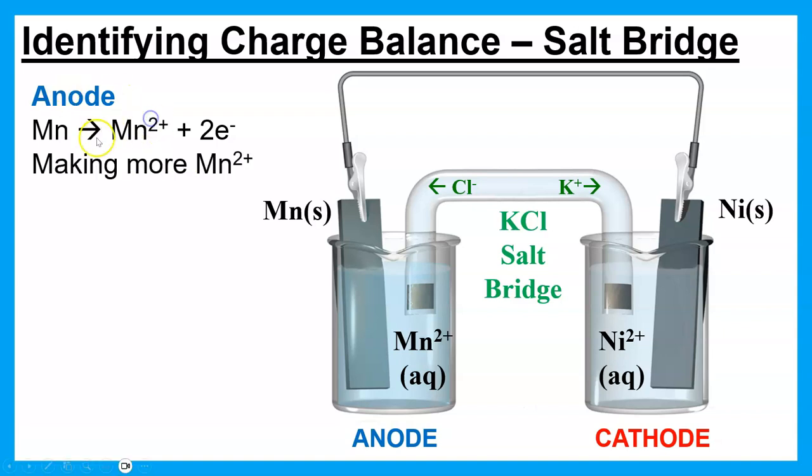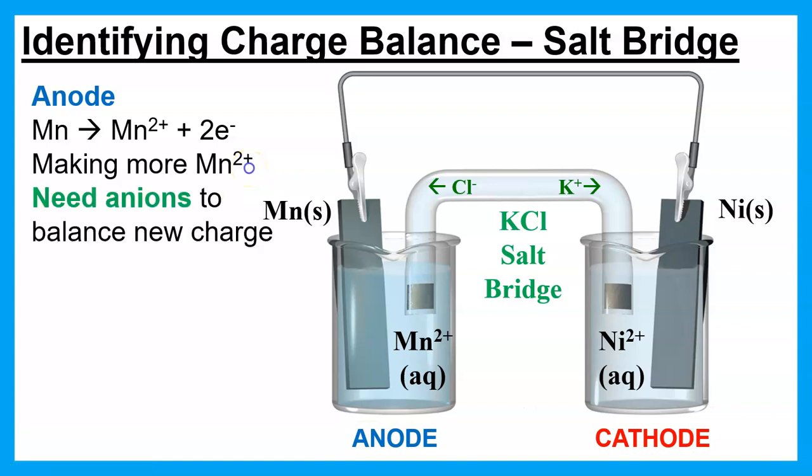In that process, you start making more manganese ions, don't you? You're making a bunch of cations. Well, cations don't want to float around by themselves without anions there to balance them out. So we need something to supply some anions. When I make more manganese, I've got to get some anions added as well to balance it out.